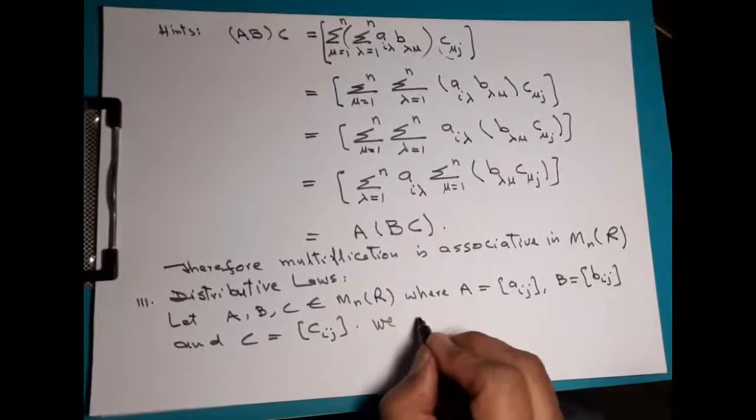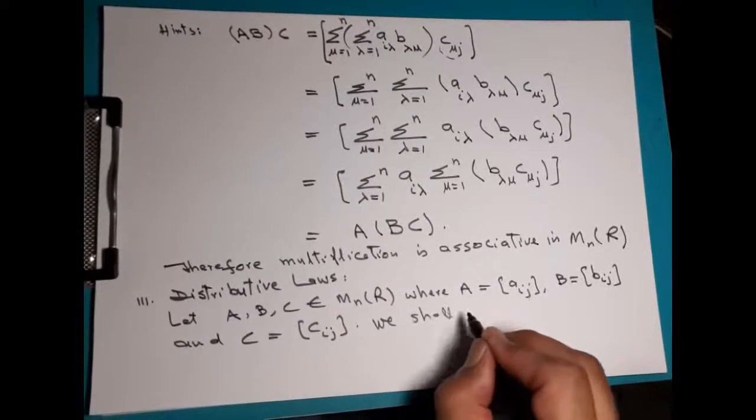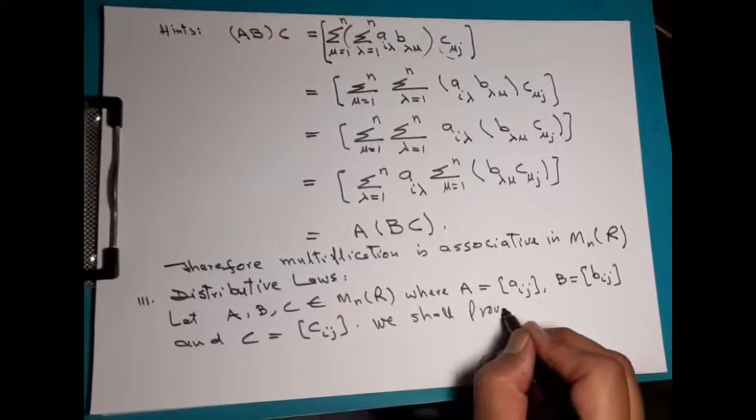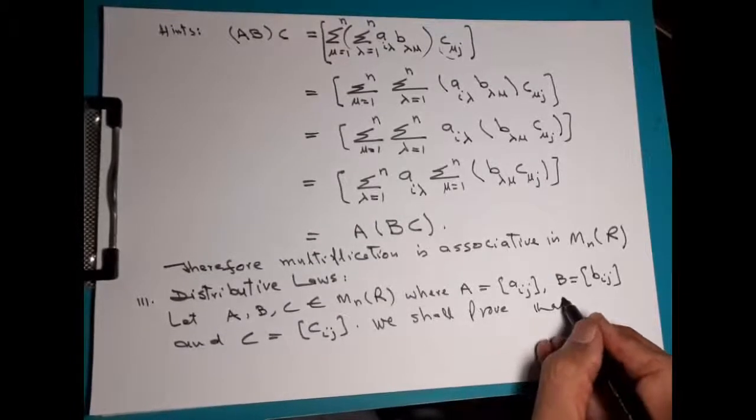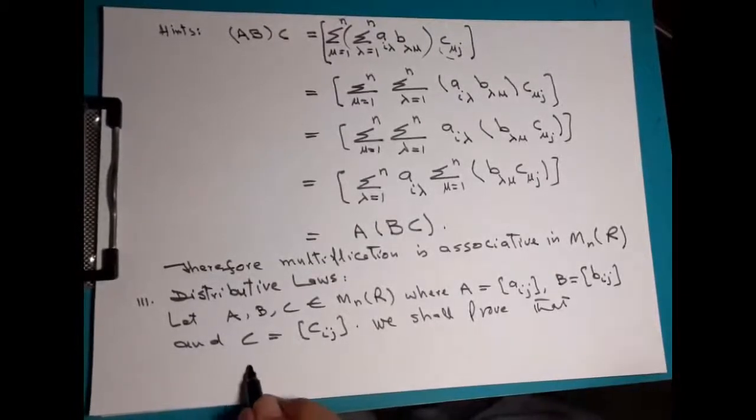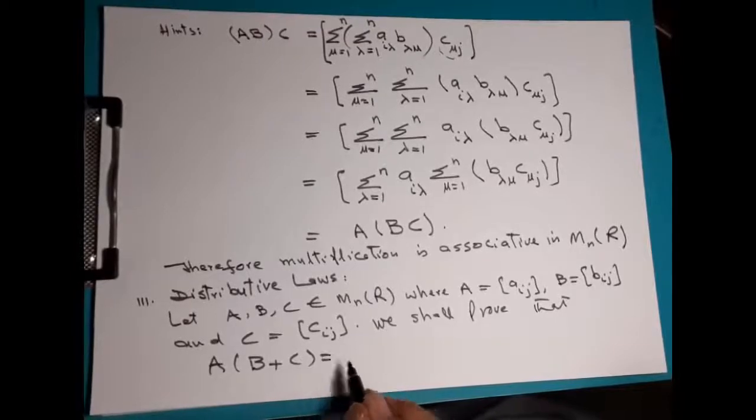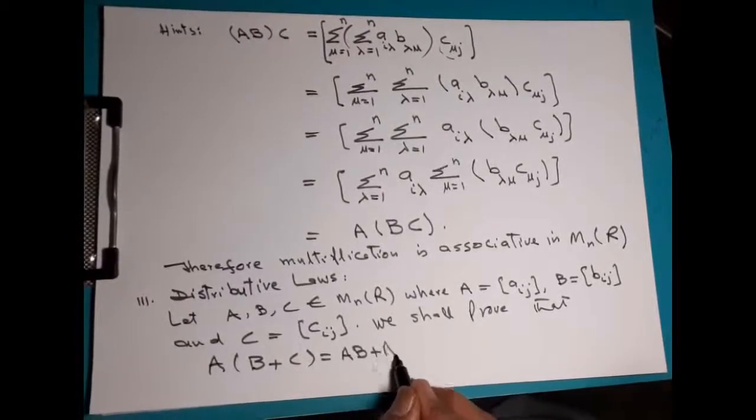We shall prove that if we add B with C, and multiply with A, result has to be equal to AB plus AC. This is left distributive law.